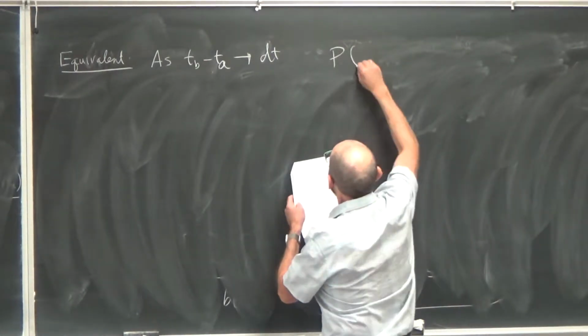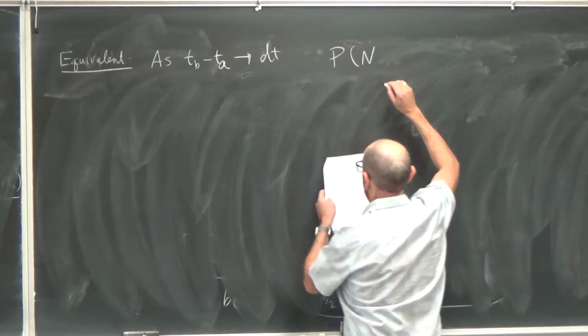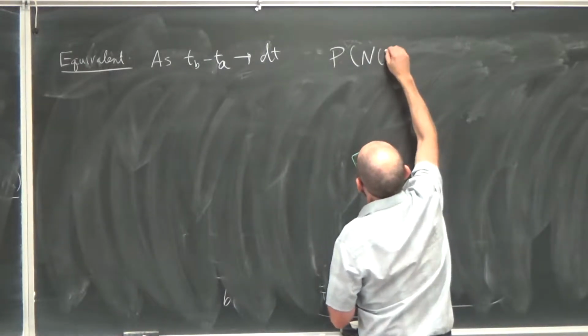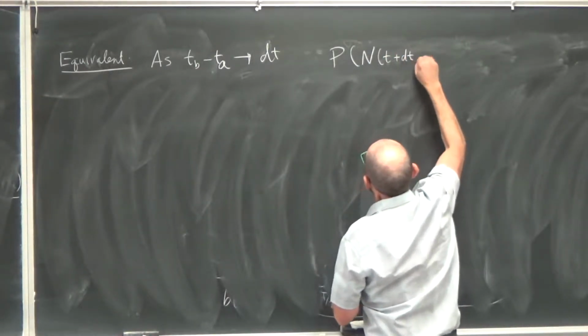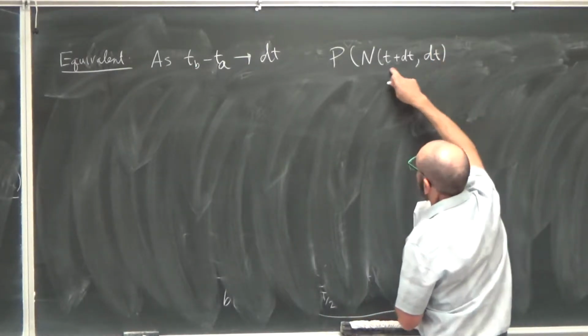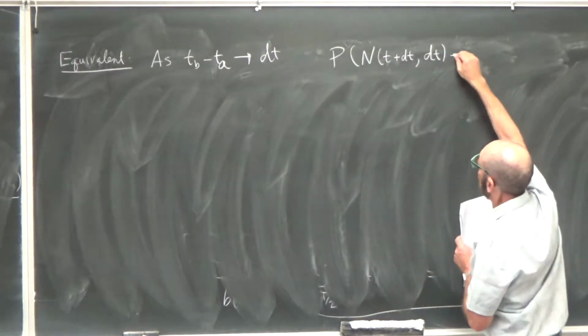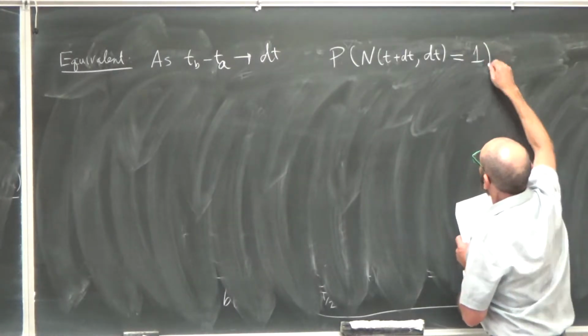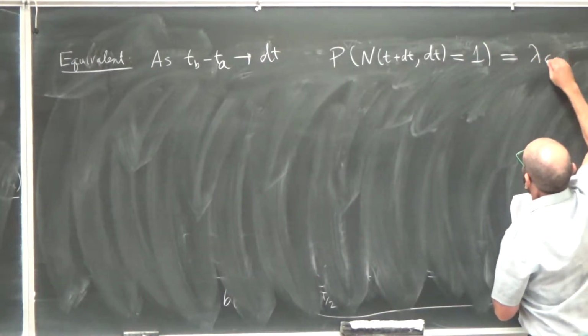So the probability that this random variable between two times, where the difference of the times is dt, is 1, is lambda dt.